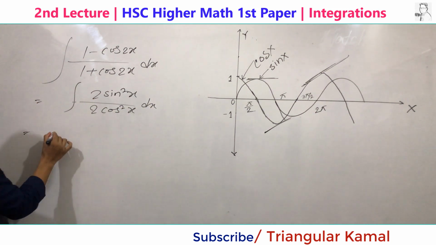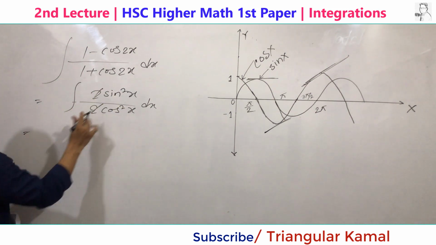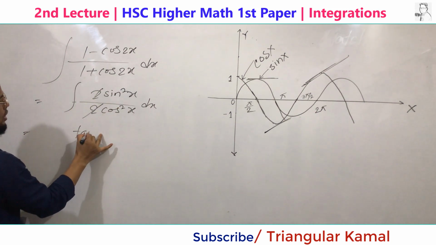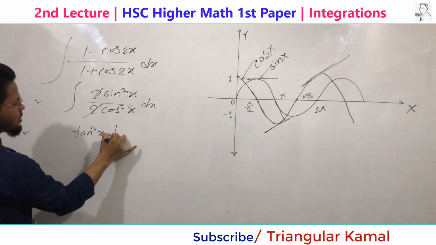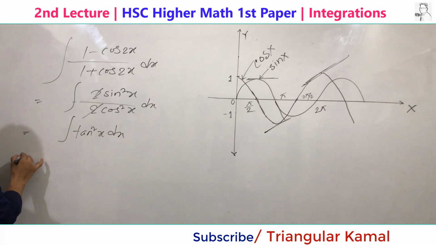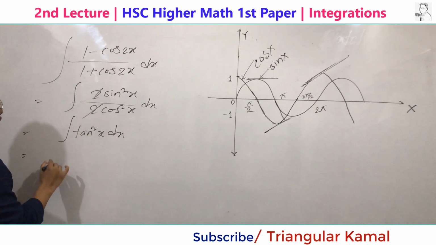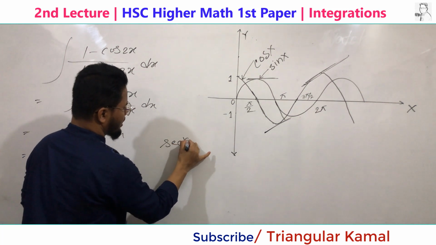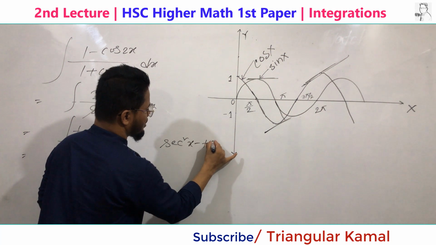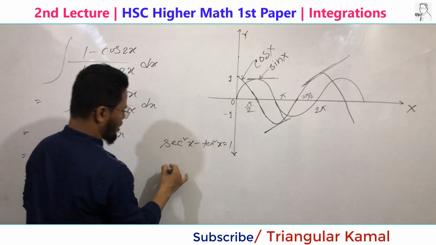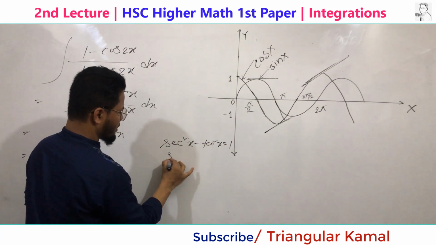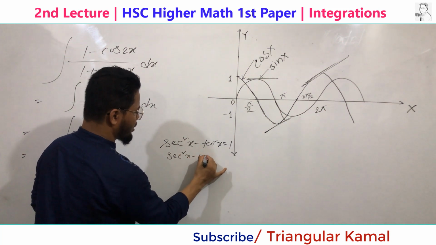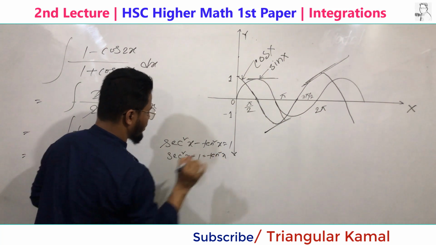Now eliminating 2 and 2, sin square by cos square equals tan square x dx. Now for the tan square formula, we know that sec square minus tan square x equals 1. So sec square minus 1 equals tan square x.